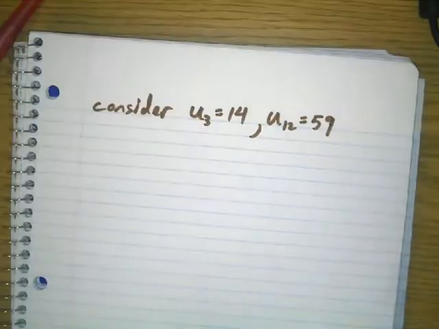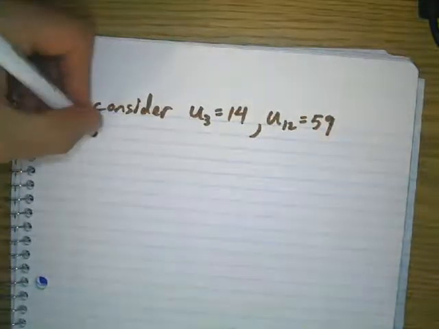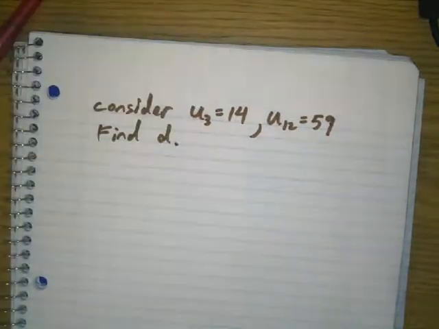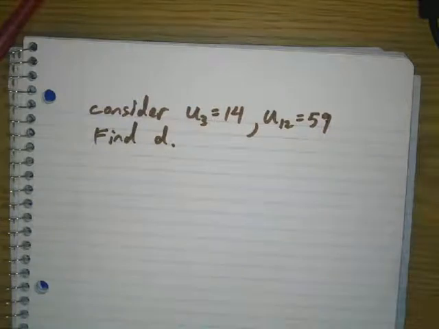Consider that we've got u sub 3 equals 14 and u sub 12 equals 59. Okay, and I want you to find d. Okay, so let's think of it this way.